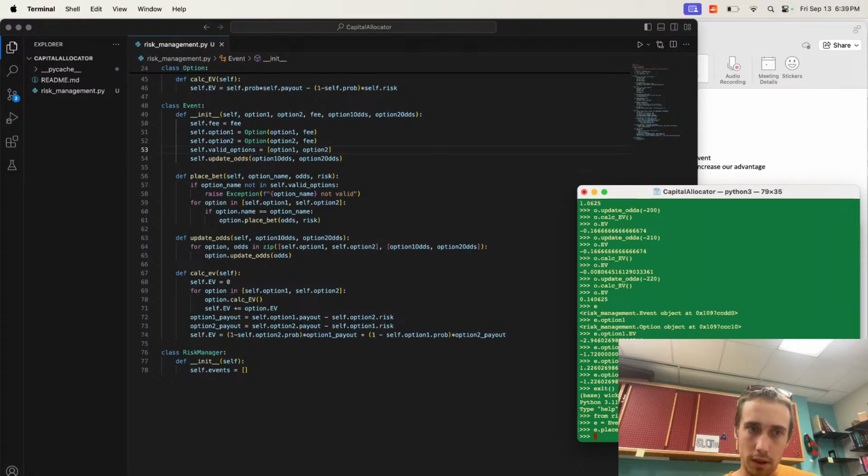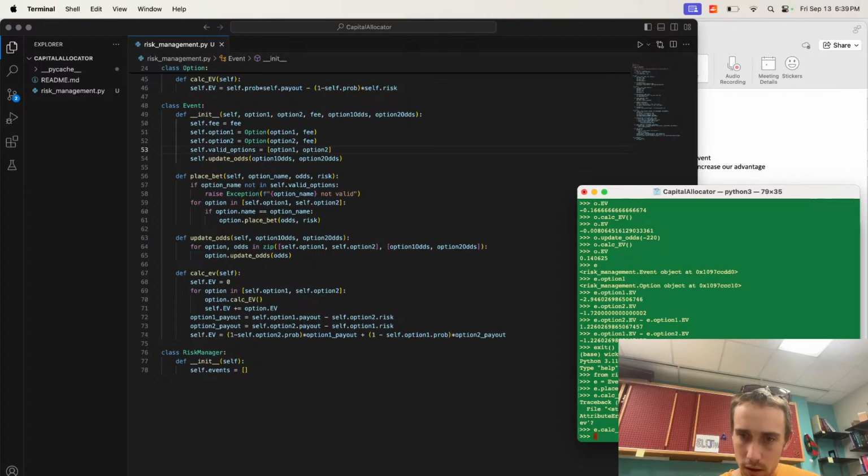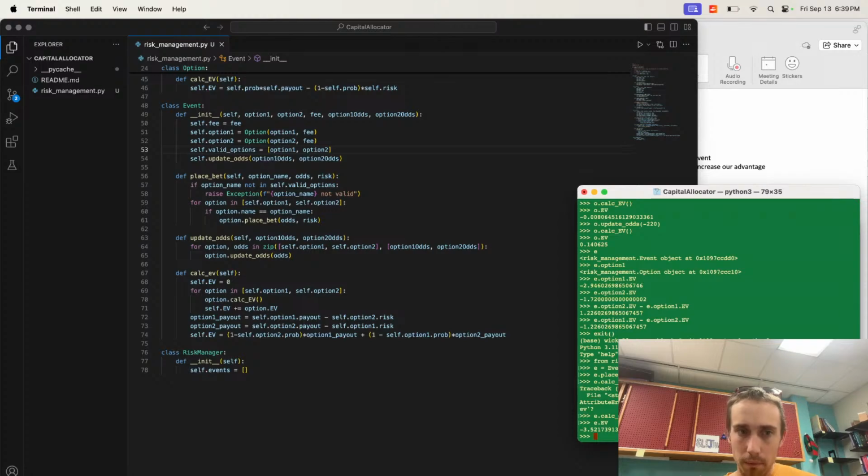Okay, now let's see if we calculate the expected value. Oh yeah, lowercase. Okay, so if we just take that, then we get a negative expected value.